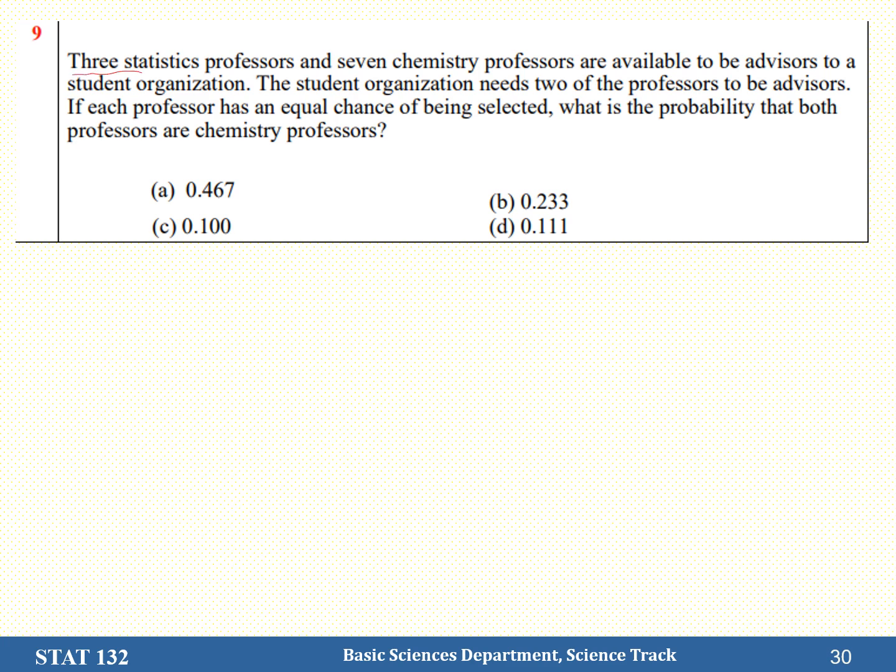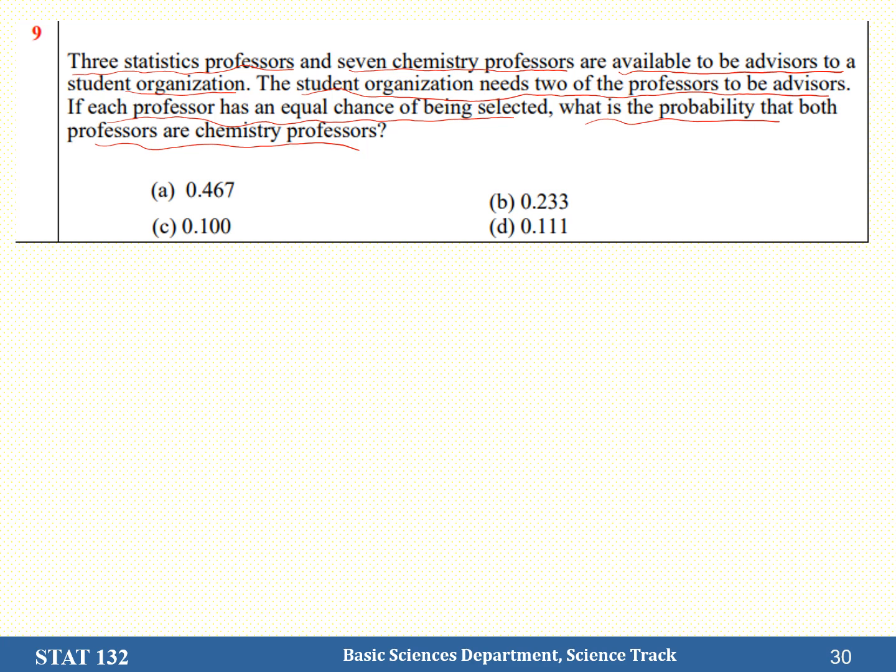Question 9. 3 statistics professors and 7 chemistry professors are available to be advisors to a student organization. The student organization needs 2 of the professors to be advisors. Each professor has an equal chance of being selected. What is the probability that both professors are chemistry professors?